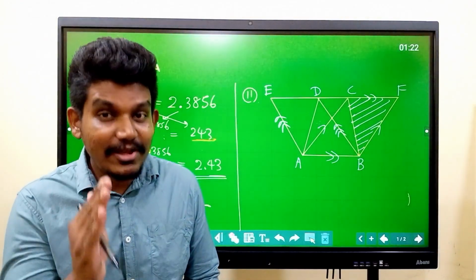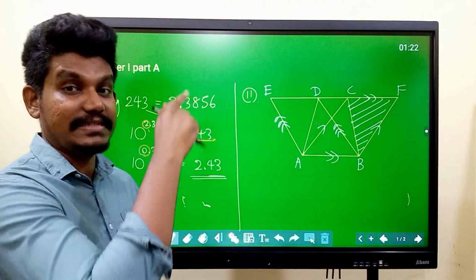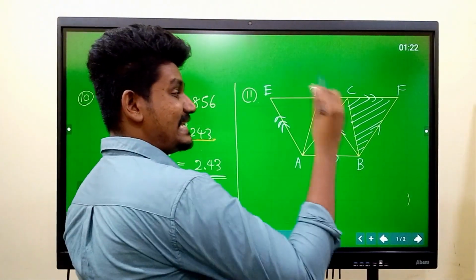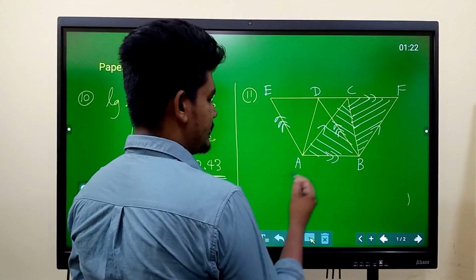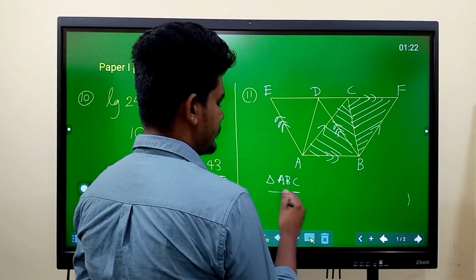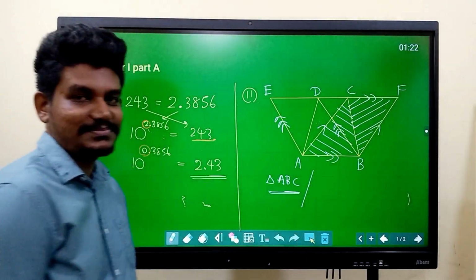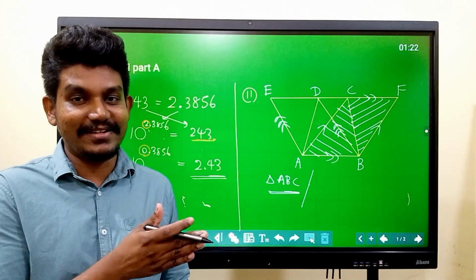Therefore, the area of a parallelogram is bisected by each diagonal. So by that diagonal, it was divided equally. Therefore, it equals the area of triangle ABC. That is the first answer that you can write, because the area of a parallelogram is divided by a diagonal.